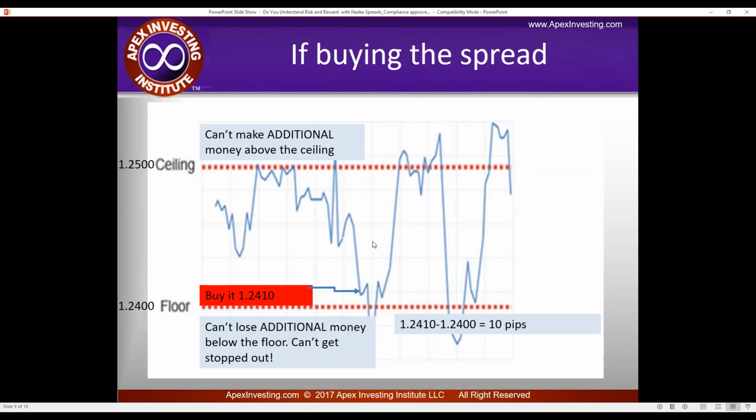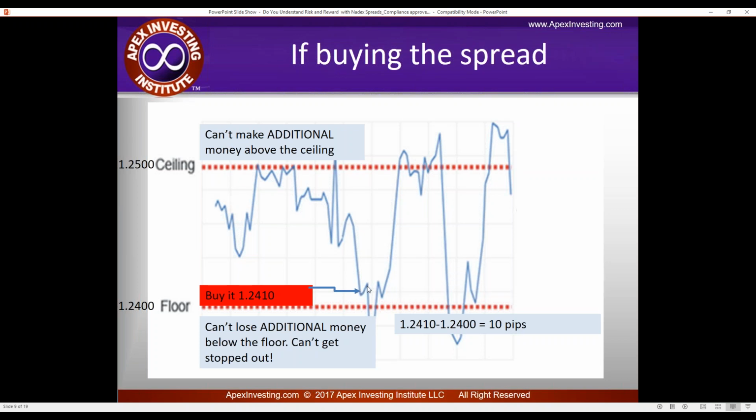So now let's go back over here, just to see if the class is putting this all together. Remember in this example, if I bought at 24.10, thinking the market's going to go up, my floor is at 2400. So there's only 10 points of potential risk there, correct? Each point being worth $1. So the maximum risk is $10.